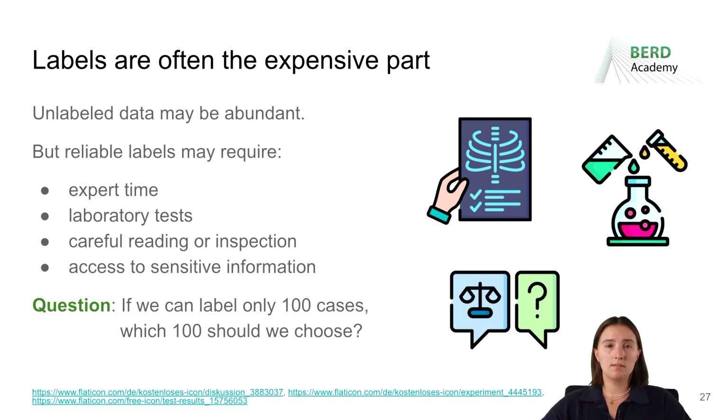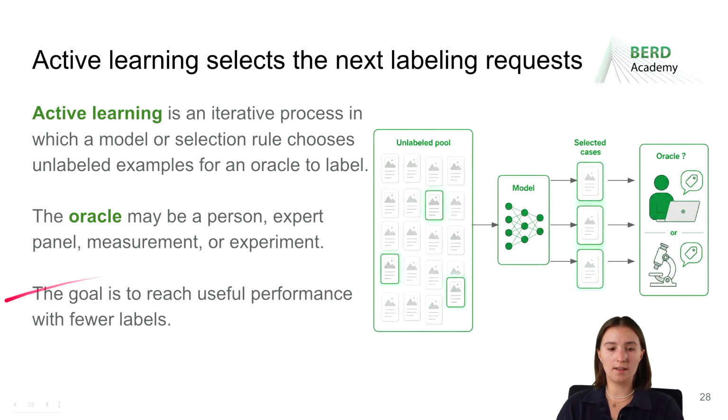And then the question is, if we can only label 100 cases, which 100 should we choose? And active learning is exactly answering this question. Active learning is a process in which a model or a selection rule chooses from this unlabeled pool the next examples that should be labeled.